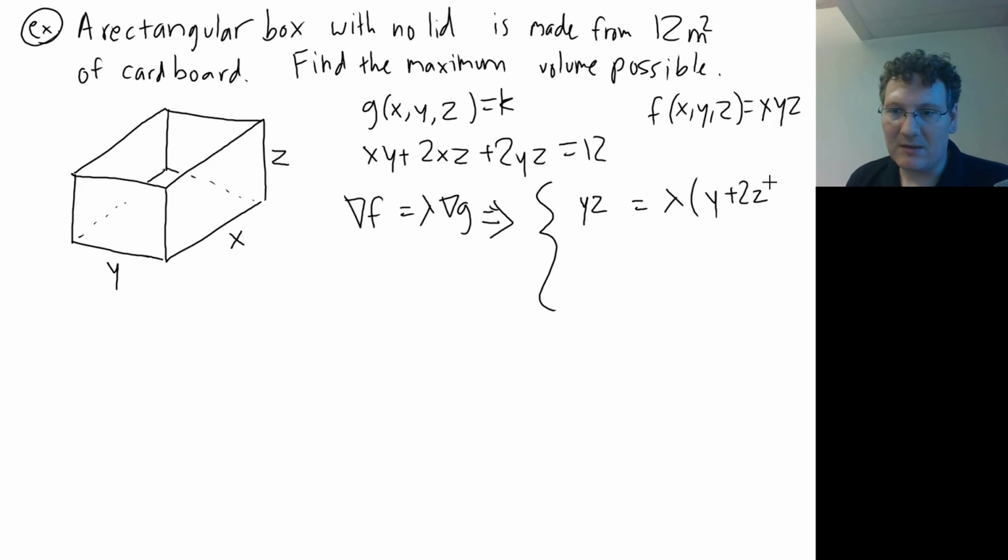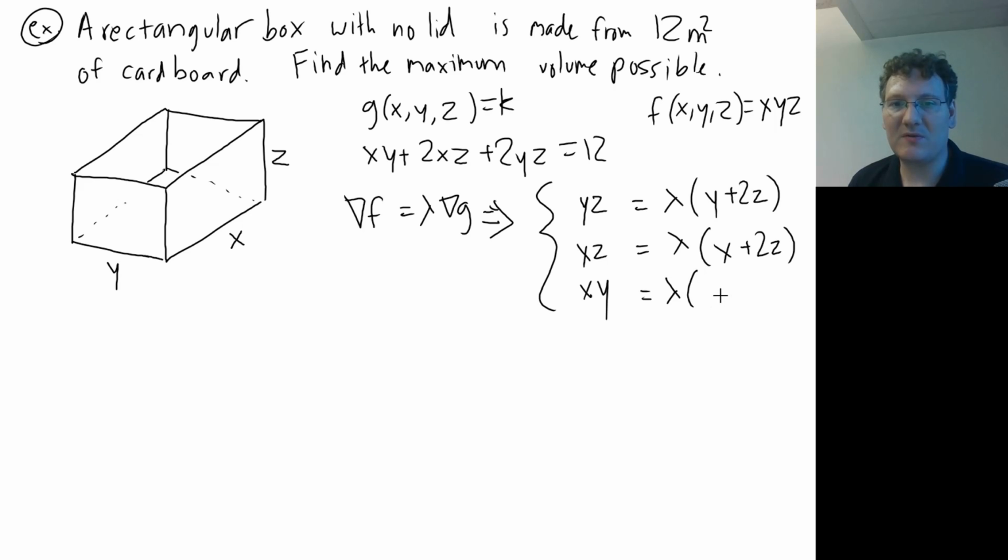Then the partial derivative of f with respect to y is xz, equal to lambda times x plus 2z. Lastly, the partial derivative of f with respect to z is xy, equal to lambda times 2x plus 2y.